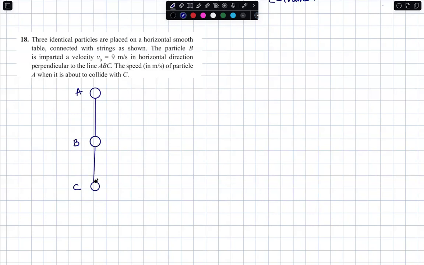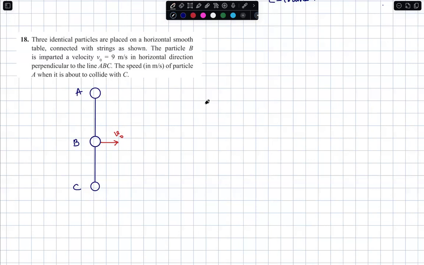Under such circumstances, they have given a velocity V0. They ask for the speed of the particle A when it is about to collide with C. Please try to understand one thing. This is the situation right now.